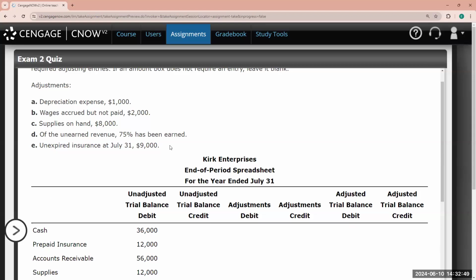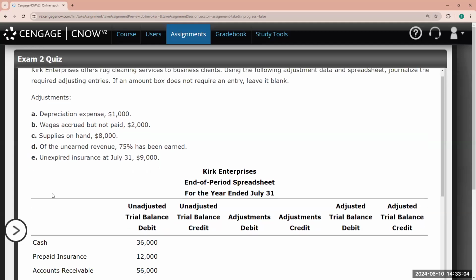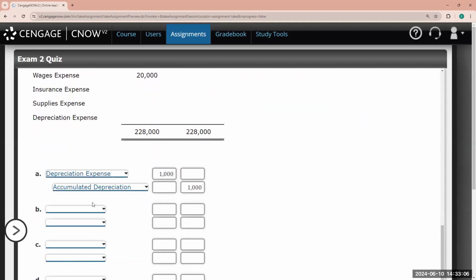The next part of this entry says wages accrued but not yet paid. So in this example, we have an accrued expense. Our employees work for us and we didn't pay them right away. So therefore, we owe them. So from here, we debit our wages expense and we credit our wages payable for $2,000.